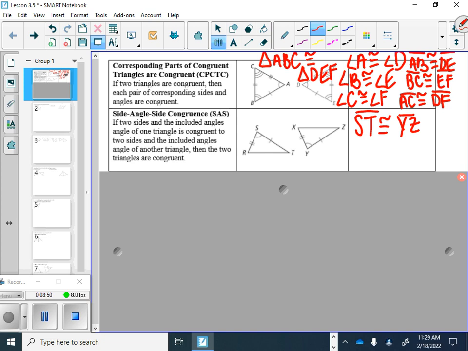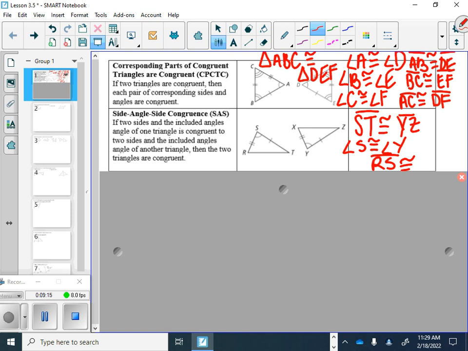Okay, the angle's really easy for this one. What angle is congruent to angle S? Y. It's the only angle even marked. And then side RS is congruent to? What side did you say? RS.